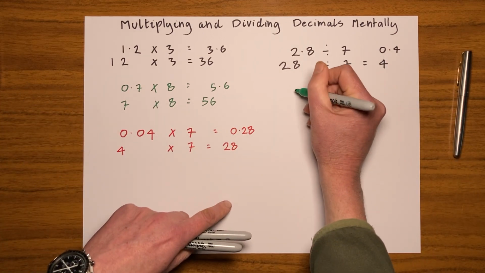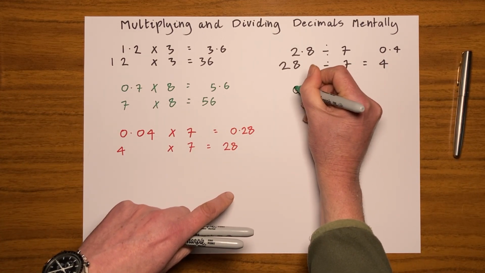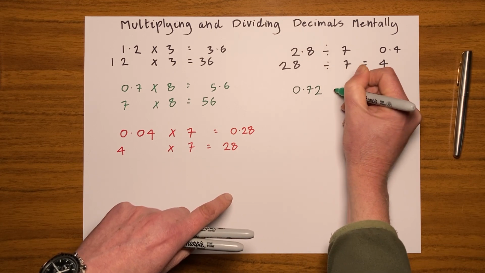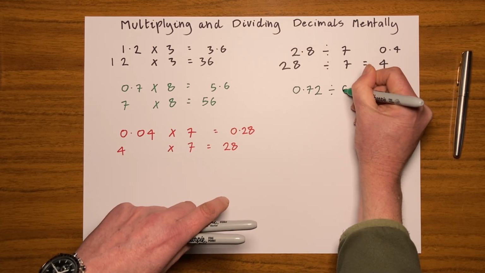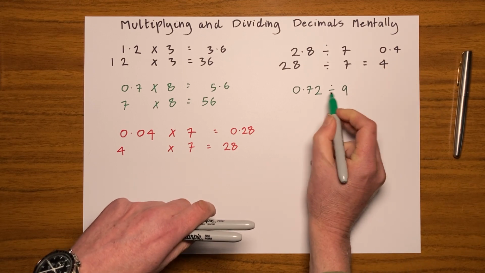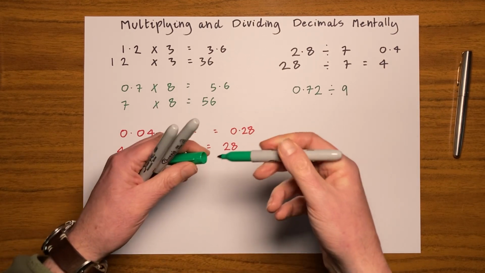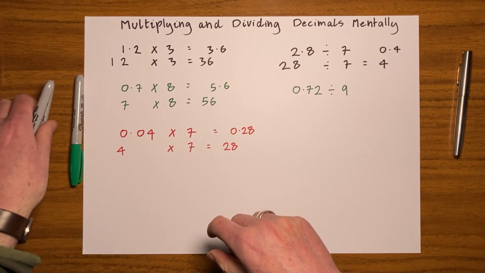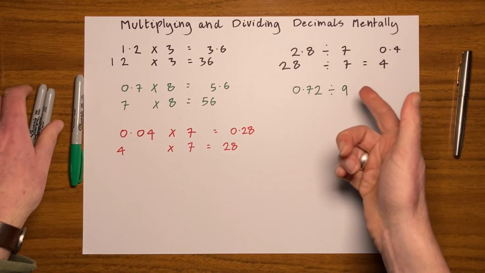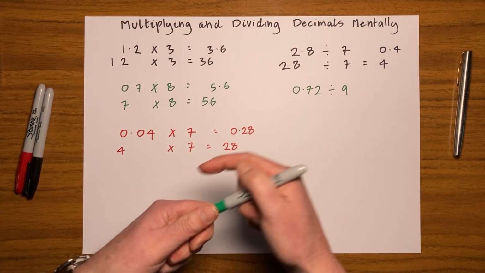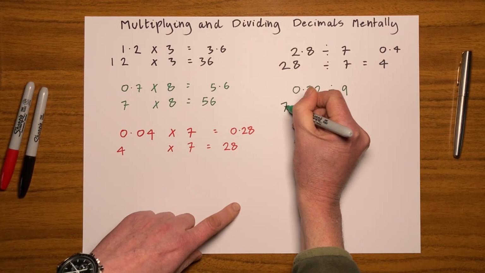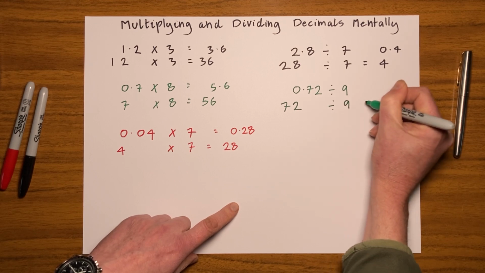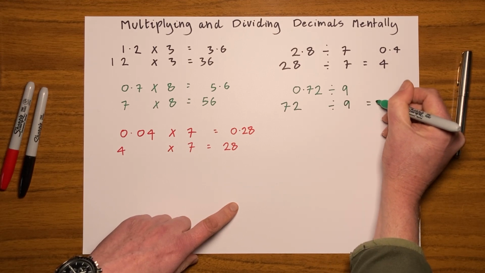Let's go for 0.72 divided by 9. As soon as I see 9 and 72, because I know my times tables so well, it was 30 years ago when I learned them, I know that 9 times 8 is 72. So I'm going to again write it out. 72 divided by 9. Now I know, and you know, that the answer to that is 8.